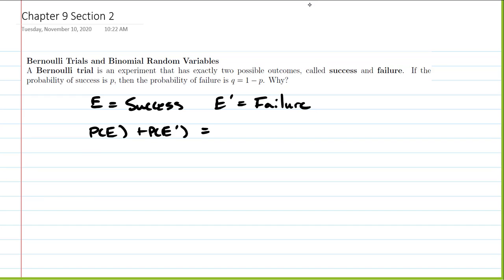What does that have to equal? 1. So if the probability of success is p, then the probability of failure, which would be q, so p plus q has to equal 1. So we subtract p, so q has to equal 1 minus p. It's because of the way we've defined this experiment: if there's only 2 outcomes, they have to be complements. And the complement formula tells us that the sum of complementary events' probabilities must be 1.